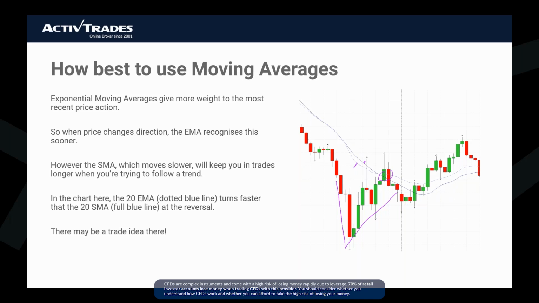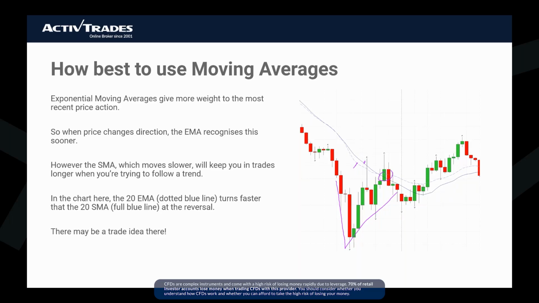It is my own view that I use mostly SMA simple moving averages, but I do also have an EMA on my charts as well. Generally, what I find personally is, you can see that there is a little bit of difference, but I don't feel that it is a bigger difference, for me.